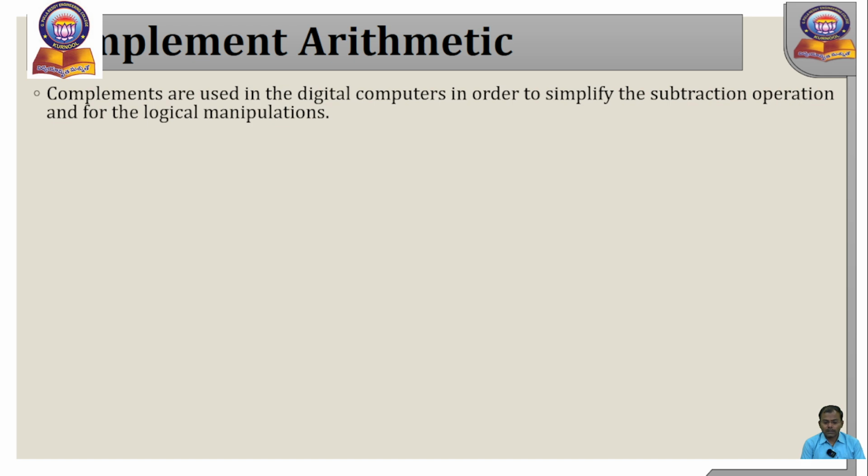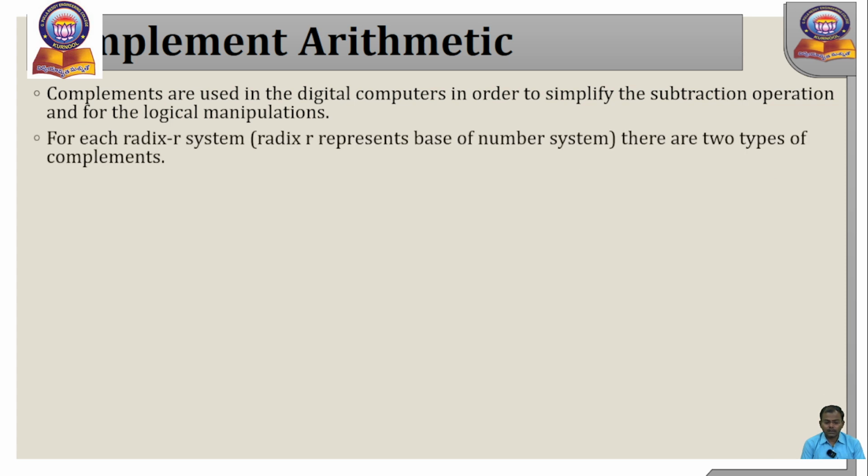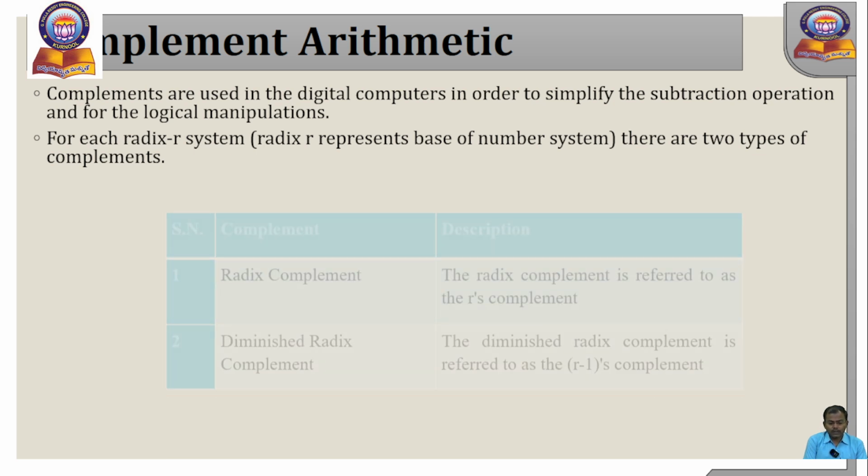Complements are used in digital computers to simplify the subtraction operation and for logical manipulations, in order to simplify the hardware architecture. For each radix, which represents the base of the number system, there are two types of complements.